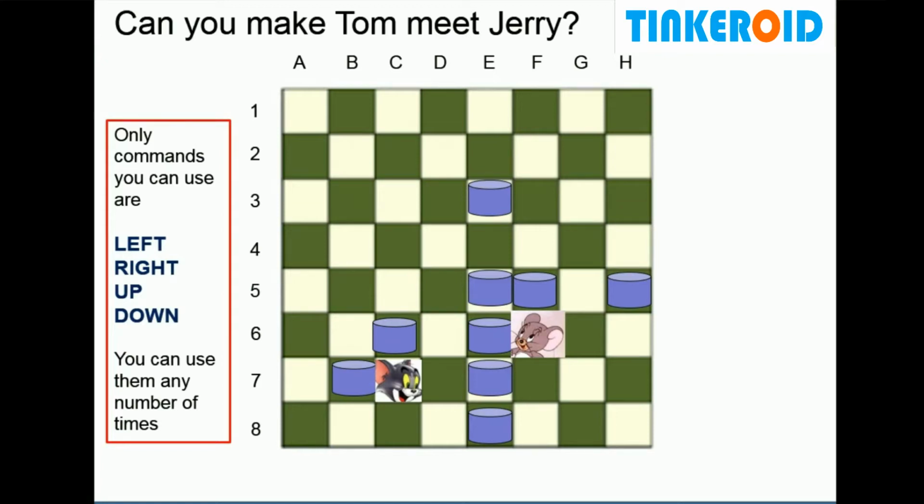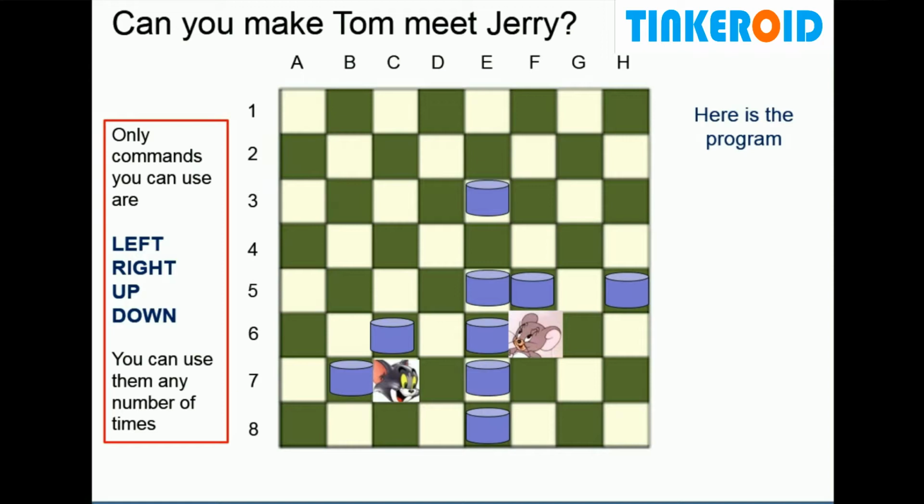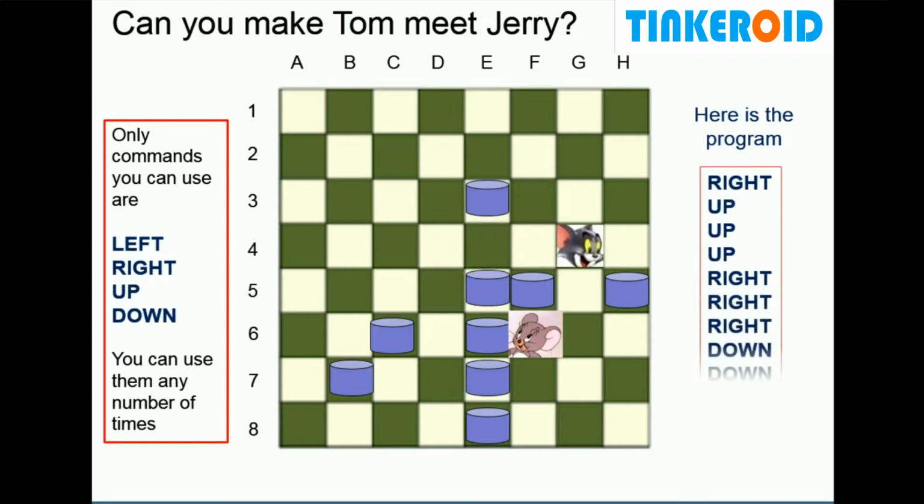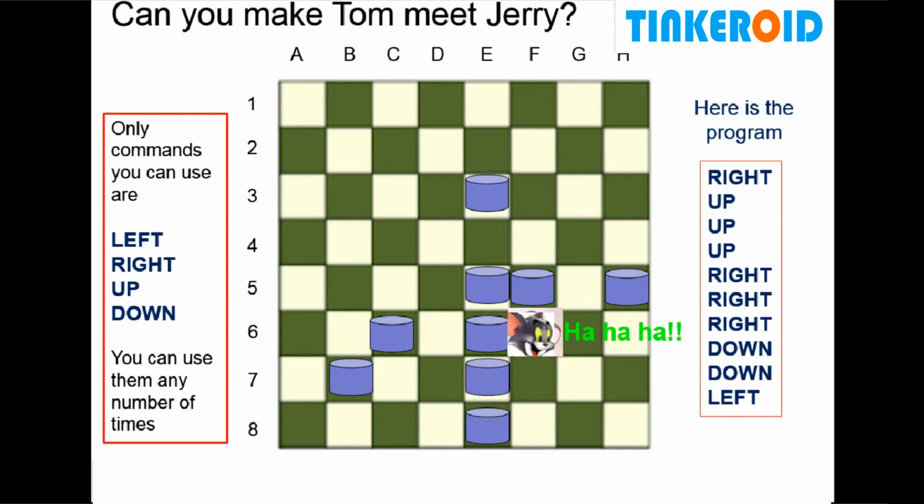Let's start now. This is my program. The program is simply saying right, up, up, up, right, right, right, down, down, left, and I reached Jerry.